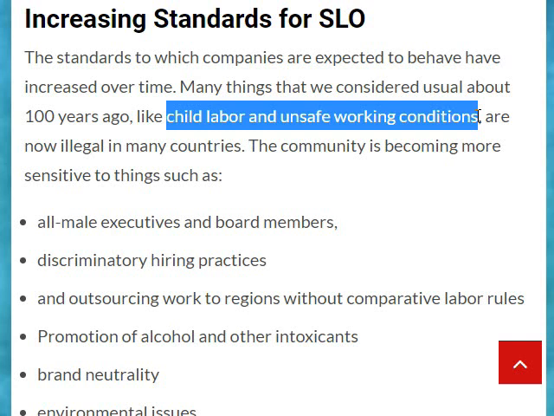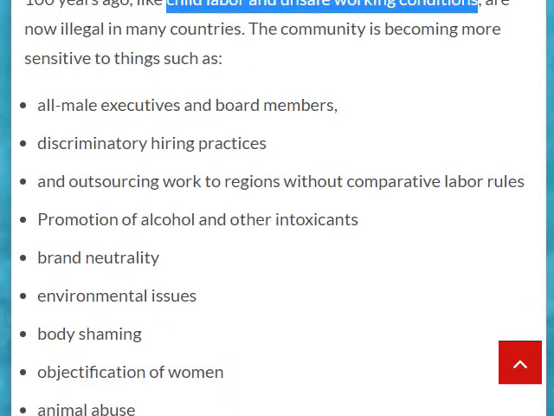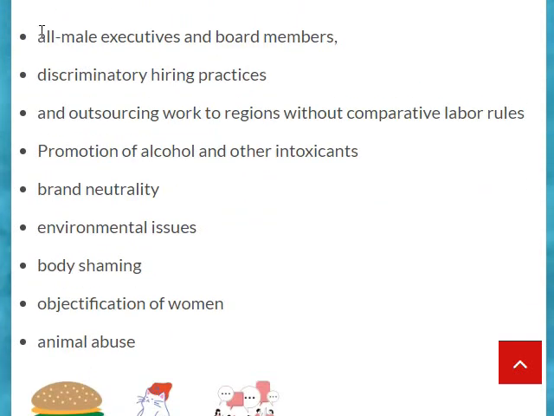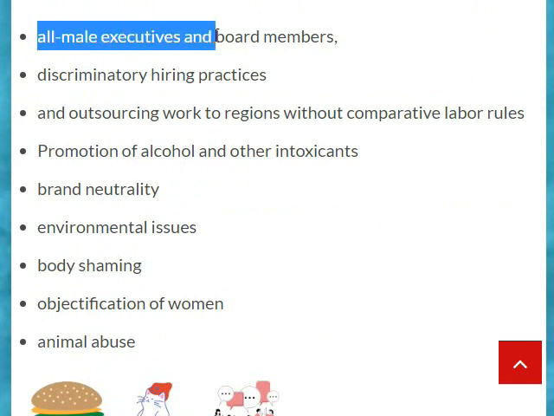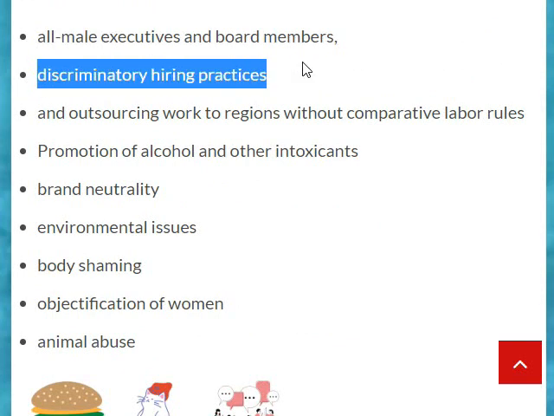So people now do not very easily digest the presence of all male executive and board members. People expect companies to have an equal number of males and females, and equal wages are paid to them. Then discriminatory hiring practices, for example, a company which might be discriminatory towards blacks, or towards hiring a particular community, or people from a particular religion, might not go down well.